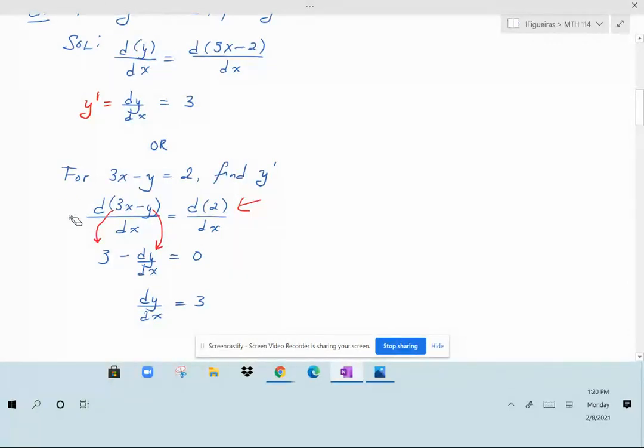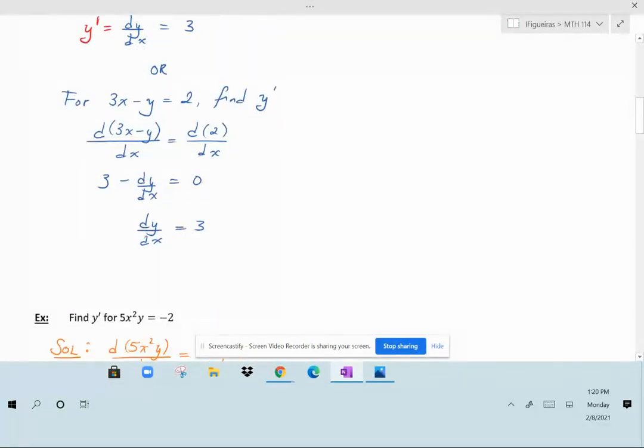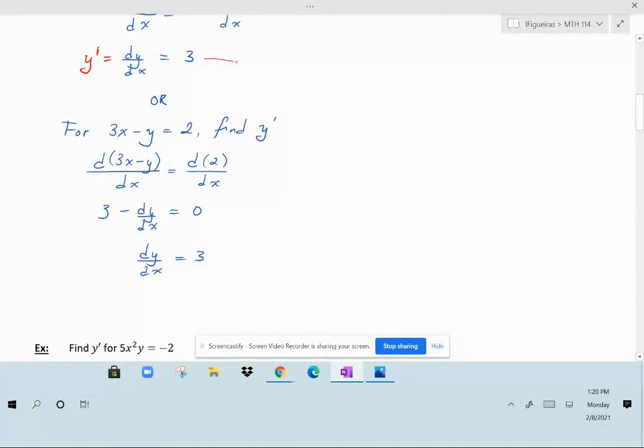So on the left side, I have 3 minus dy dx. And on the right side, the derivative of 2 is 0. Now, to solve for dy dx, subtract 3 and divide by negative 1, so you get dy dx equals 3, which is the same answer we got above. Whether explicitly defined or implicitly defined, we should be getting the same answer.